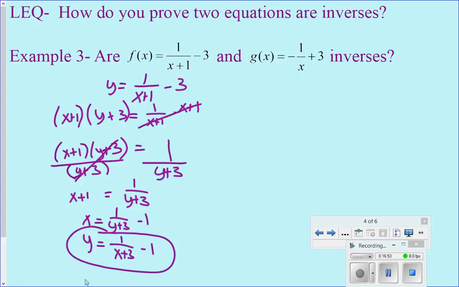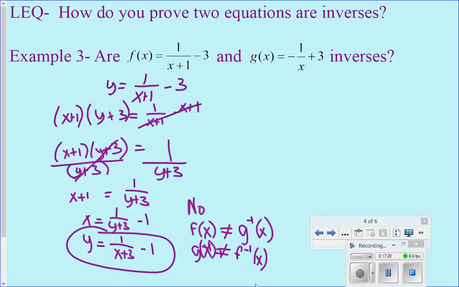So the minute you see that it's not true, that they're not inverses, you may stop. So I can just say, no, they are not inverses. f of x is not g inverse of x, and g of x is not f inverse of x. Okay, so they're not inverses.